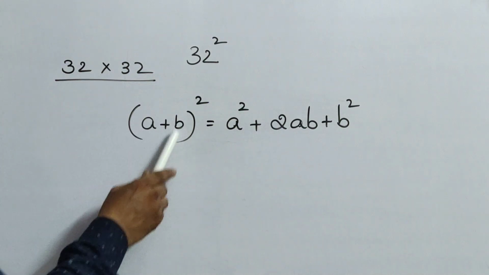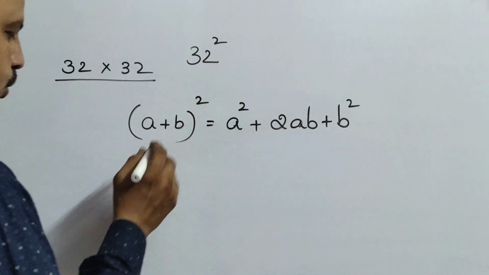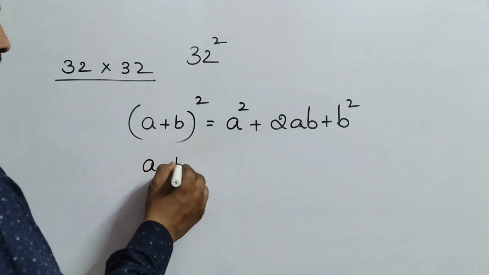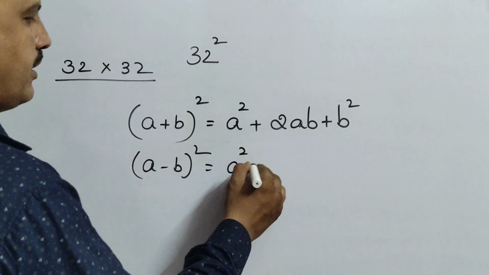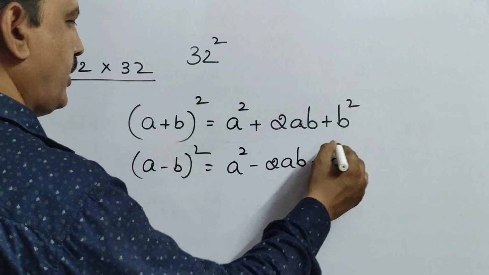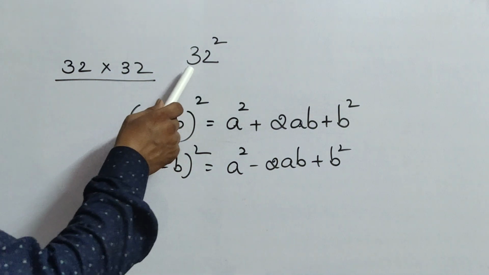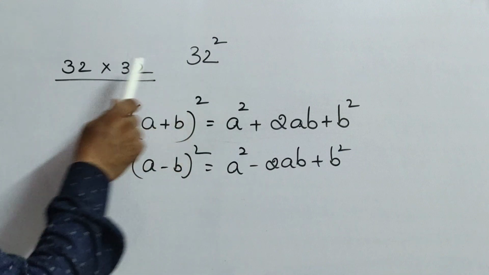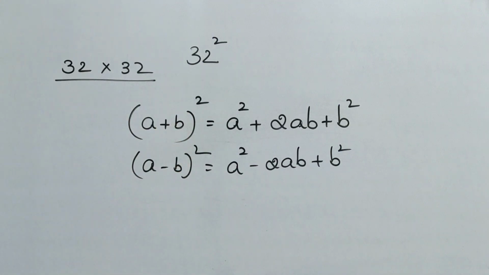Whereas a minus b whole square equals a square minus 2ab plus b square. Wherever necessary, we can apply these two formulas and we can simply find the square of the given number without the actual multiplication. Now let us see one example here.